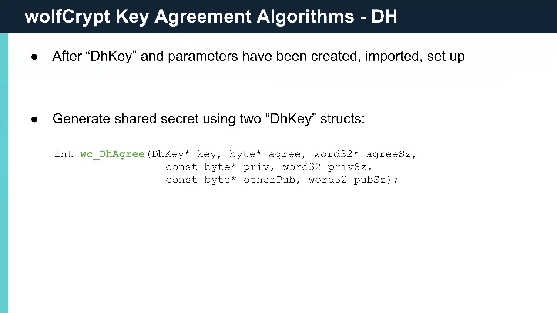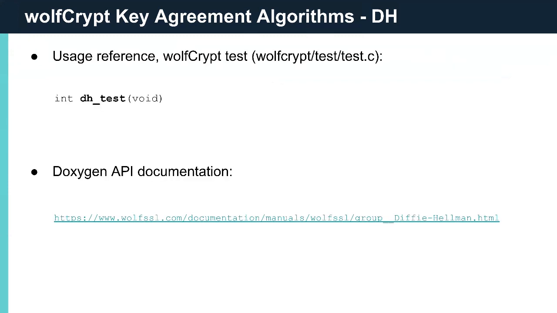After you've set up your DH key structure, you have essentially one function to generate the Diffie-Hellman shared secret, called DhAgree. For test cases and usage reference, you'll look at the DH test function, with Doxygen API available as well.